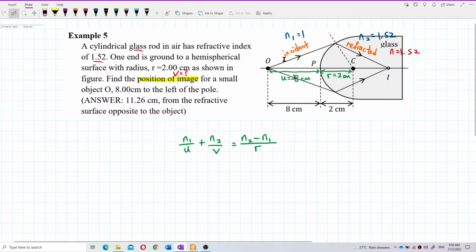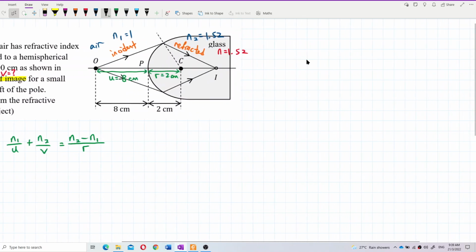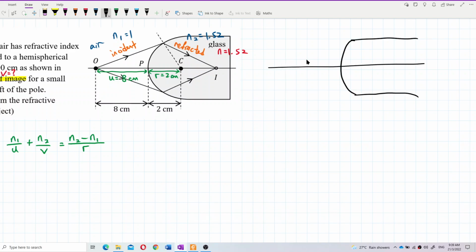Outside is the air, inside is the glass. If the light comes from the air to the glass, air is n1 and glass is n2. But let's say I give another example: if my object is over here, inside the glass, then the incident ray goes from the glass to the air.